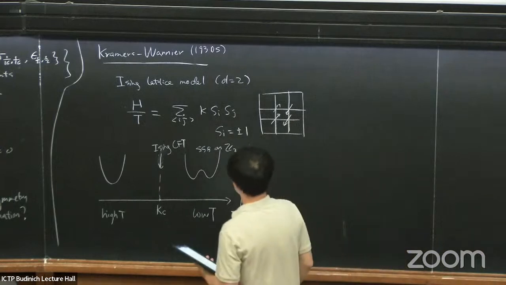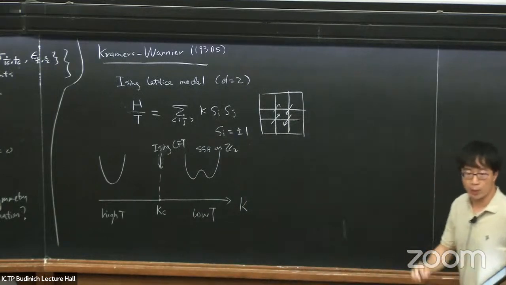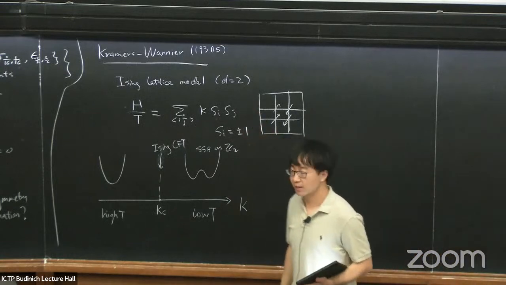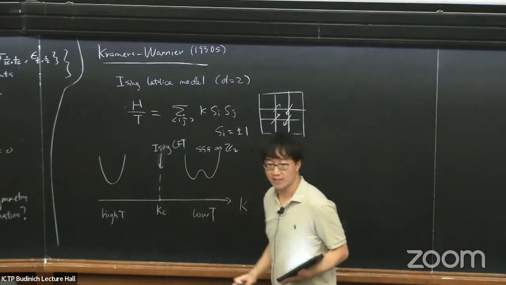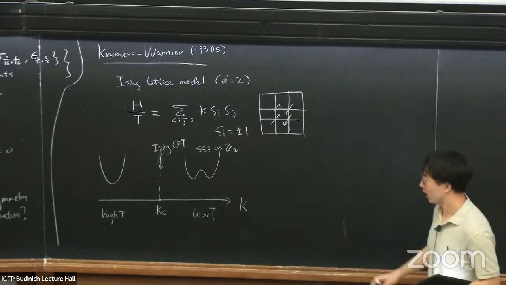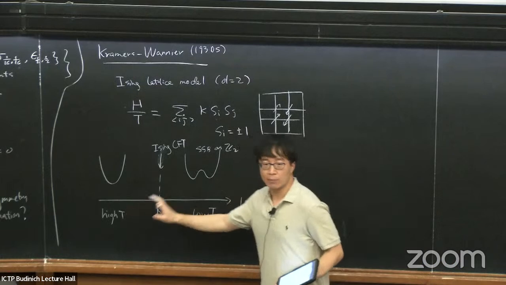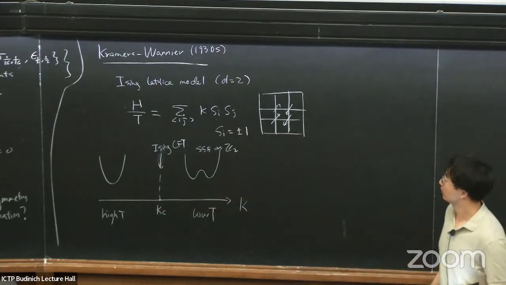What is the statement of the Kramers-Wannier duality? Kramers and Wannier found, when they studied this Ising model as a function of K, some mysterious duality between the high temperature and the low temperature phase of the theory.